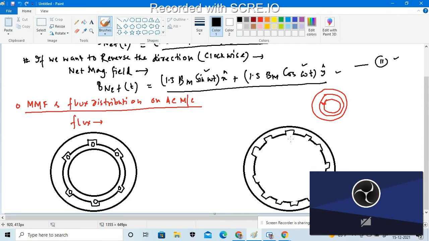Right? So this is my figure A, and this is my figure B.